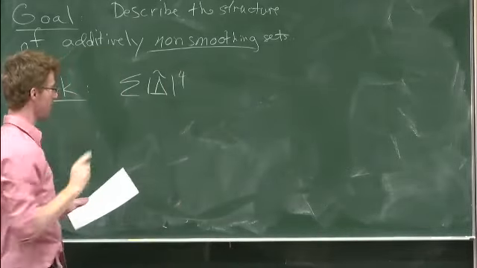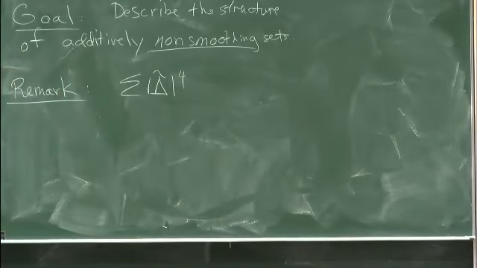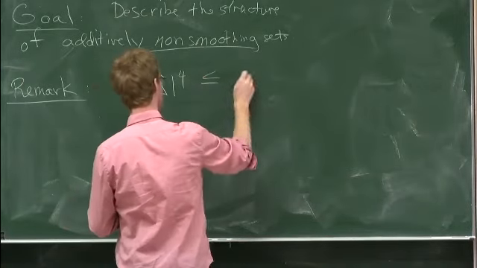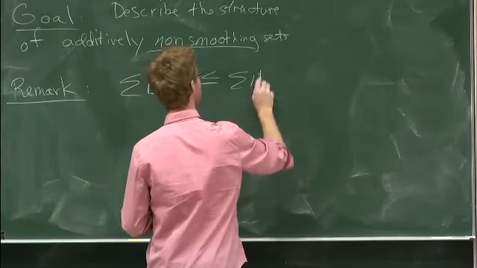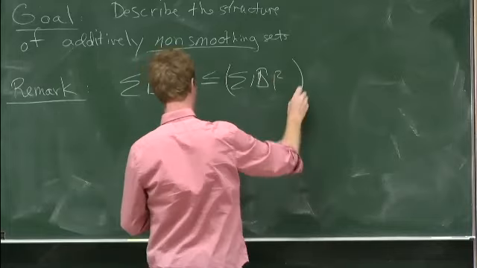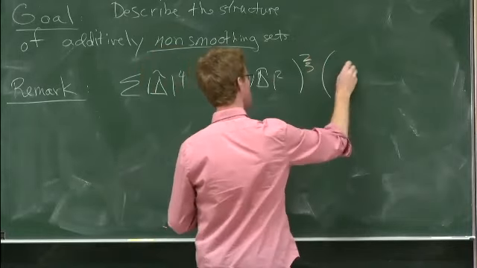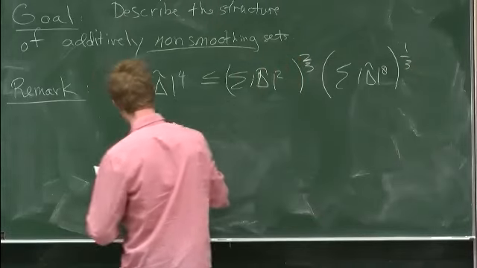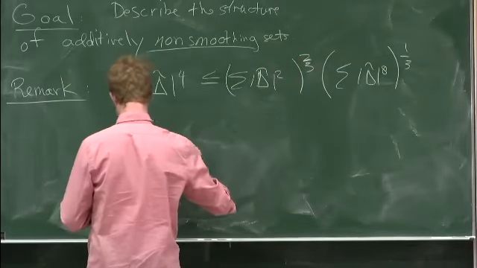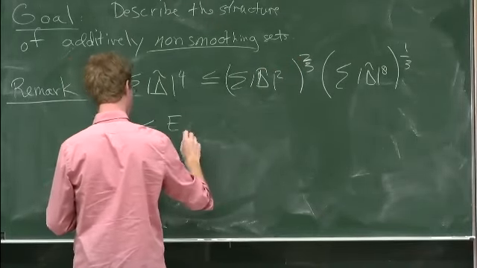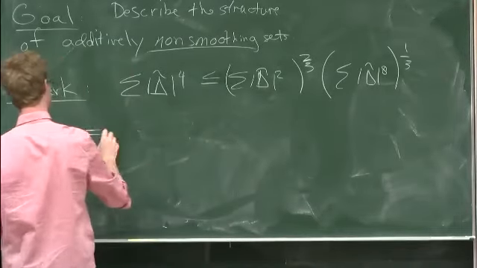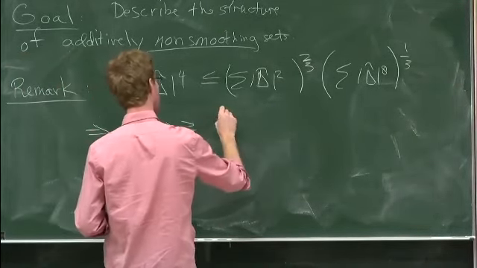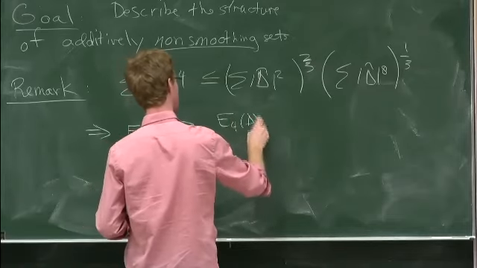This is the L4 norm of the Fourier transform of the set delta, and it has to do with the number of additive 4 tuples in the set, and it's of course controlled by it raised to some power, raised to some other power, and this tells us that the number of additive 8 tuples in our set is bigger than the number of 4 tuples raised to the third power.